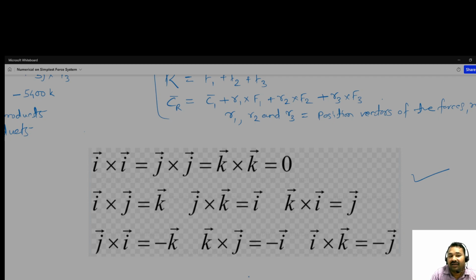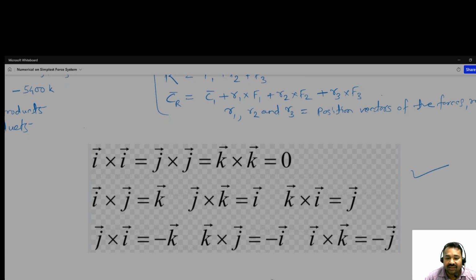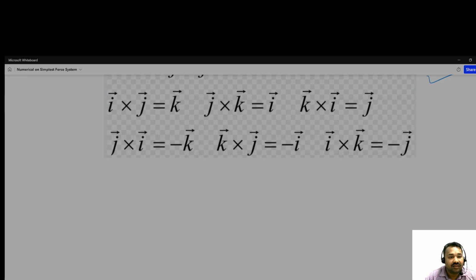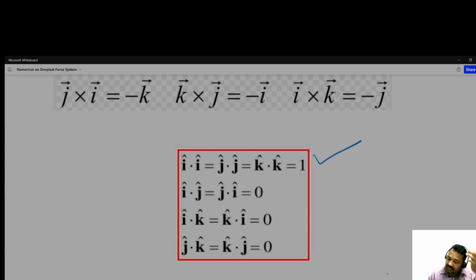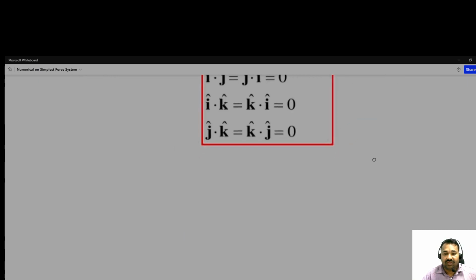Suppose I multiplied by I is equal to J multiplied by J is equal to K multiplied by K is equal to 0. Since I multiplied by J becomes K, and so on, I'm not going to repeat the things. Also, the dot product, you can refer here.